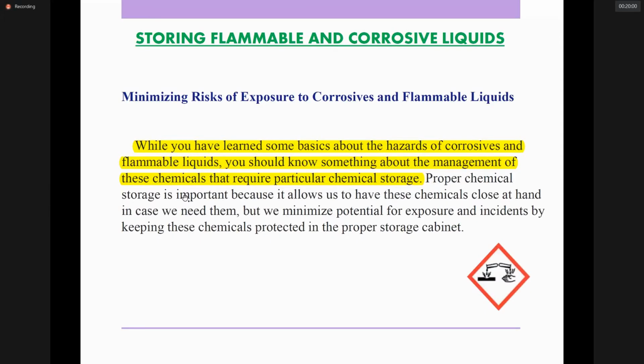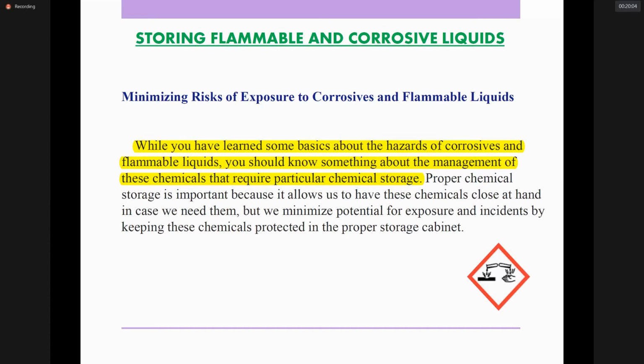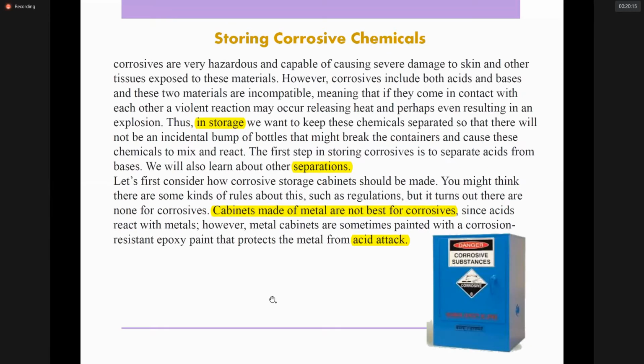While we know about the hazards of these corrosive and flammable liquids, we should know how to store these chemicals in the appropriate cabinets made of specific materials. In storage, we want to keep these chemicals separated.